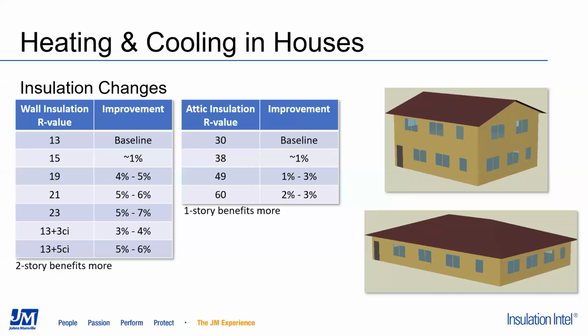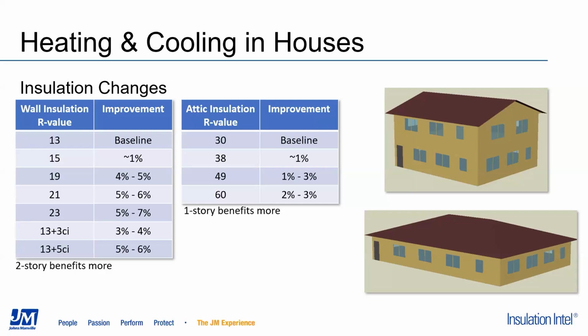So we're not adding a ton to the wall thickness, but just by itself, we can see good improvements. And I just wanted to highlight, I'm showing a range on all of these tables. For the wall table, the higher number would be for a 2-story home, because more wall. The lower number would be for a ranch.